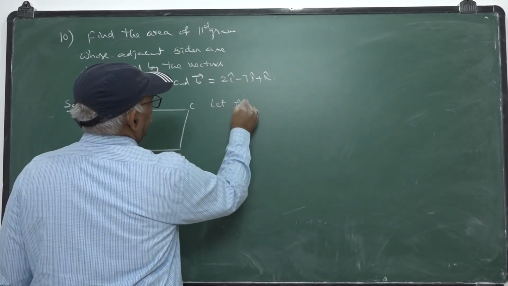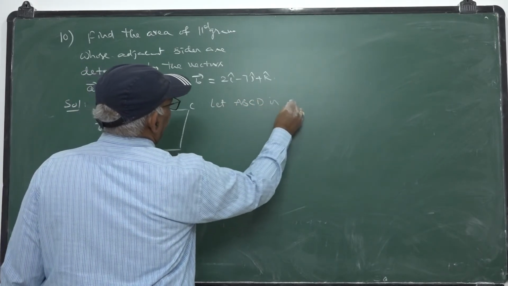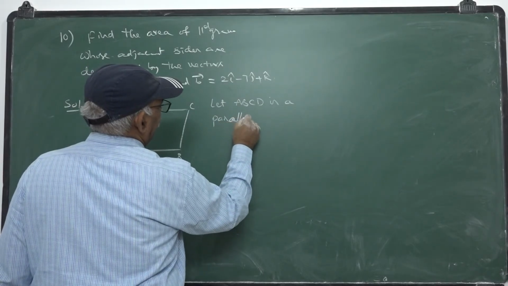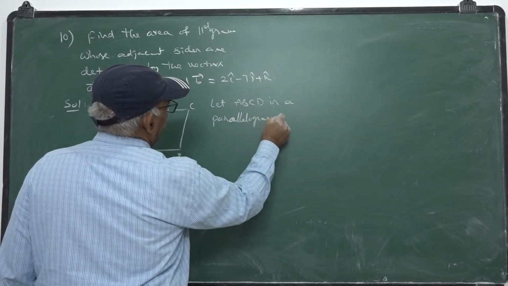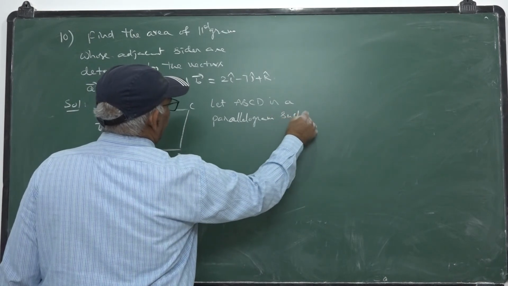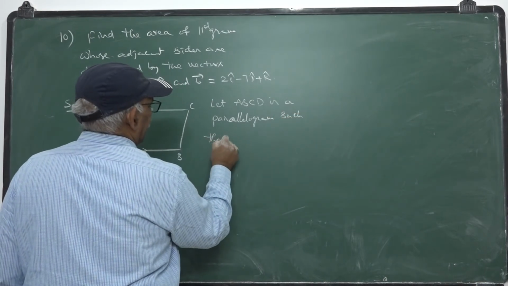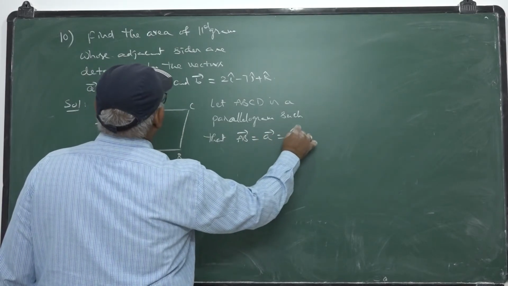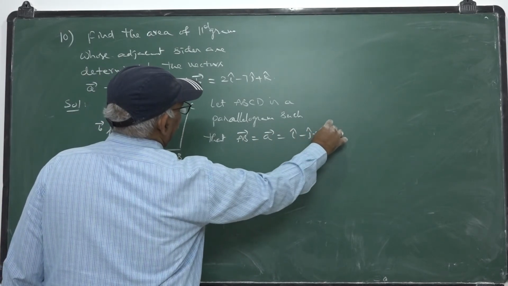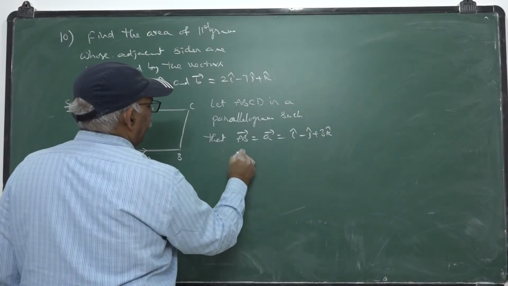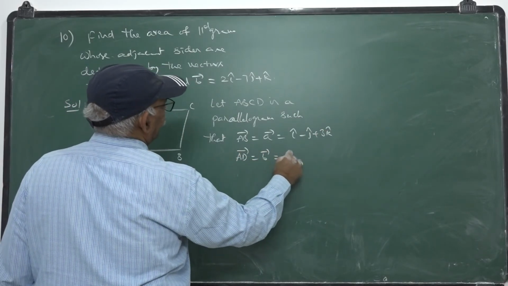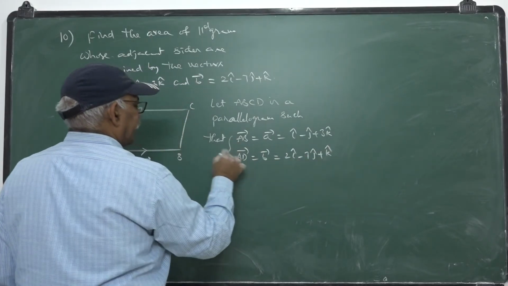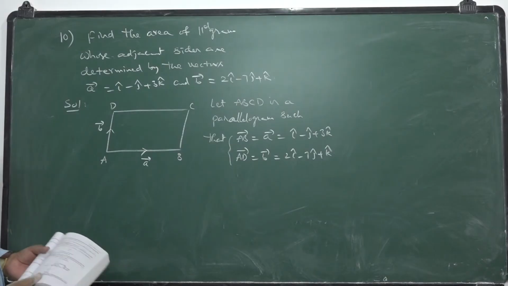Let ABCD be a parallelogram such that AB bar equal to a bar is i minus j plus 3k, and AD bar is b bar, that is 2i minus 7j plus k, the adjacent sides.